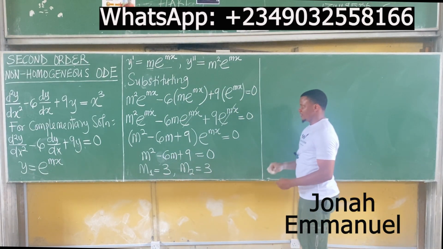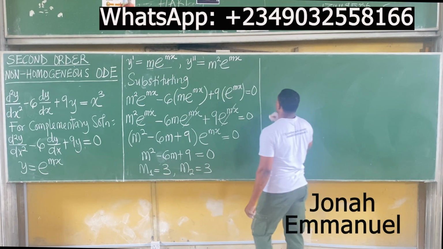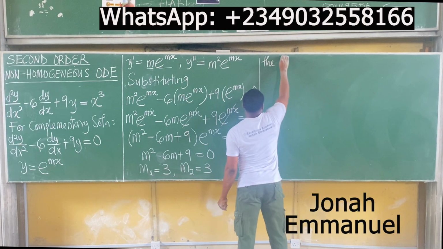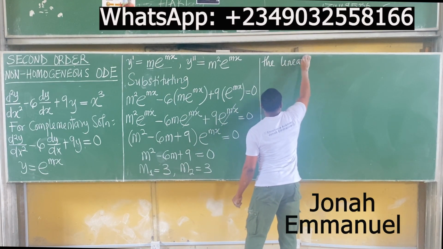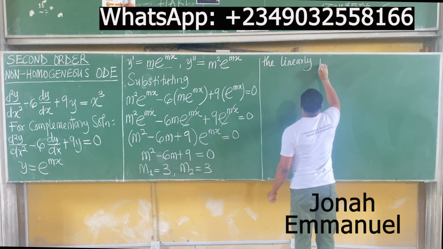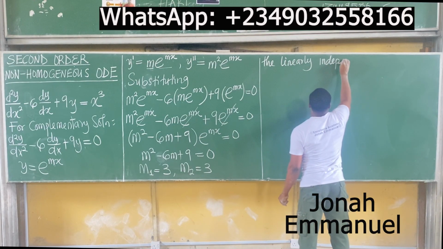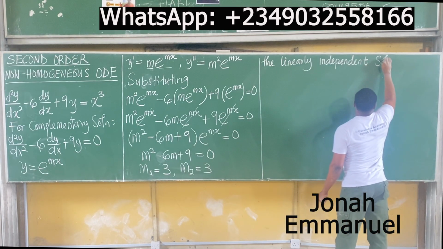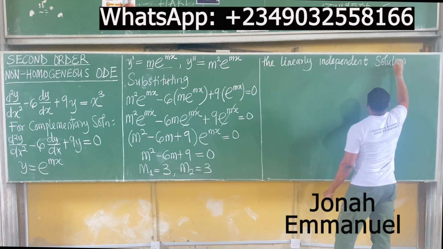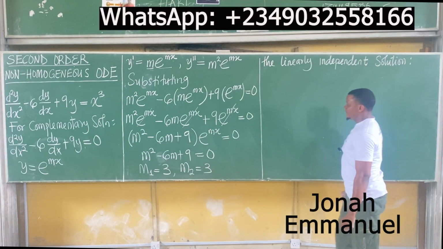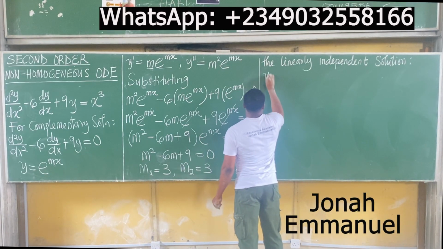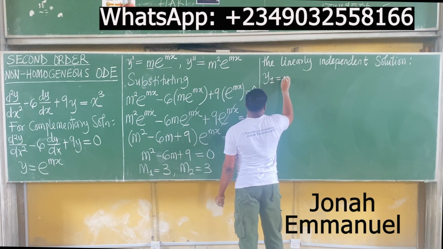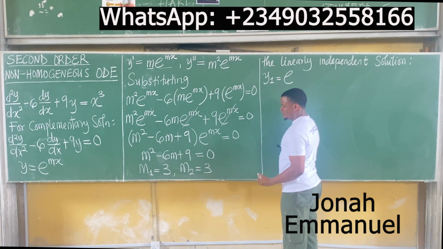If I solve this quadratic equation, what would be the linearly independent solution? The linearly independent solution is given by y1 is equal to exponential m1x.